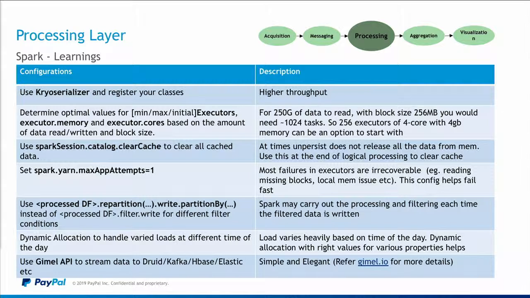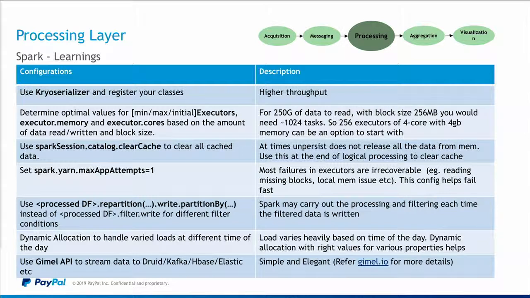Then to stream data from Spark to any of the downstreams, we use Gimel. I don't know how many would have done it. In case you want to stream data from Spark, either to Druid or to Kafka, the amount of code that you have to write is at least a small function, or a little more than that. If you use the Gimel API, it is like a data frame dot write or a data set dot write.